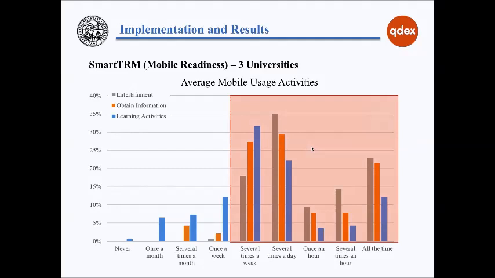To give you an example, if we sum the percentages highlighted in red, 99% of the respondents use the mobile device for entertainment more than several times a week. And 94% of them use it for obtaining information more than several times a week. For learning activity, we have 74%, which shows that using the mobile device as a learning tool is pretty common to students nowadays.